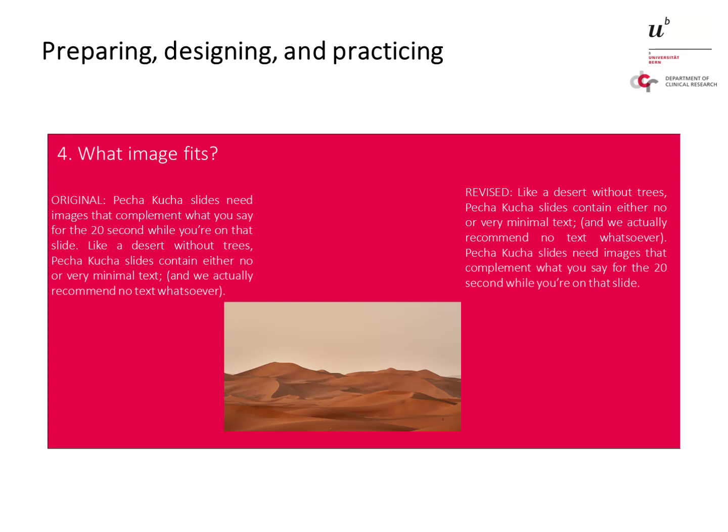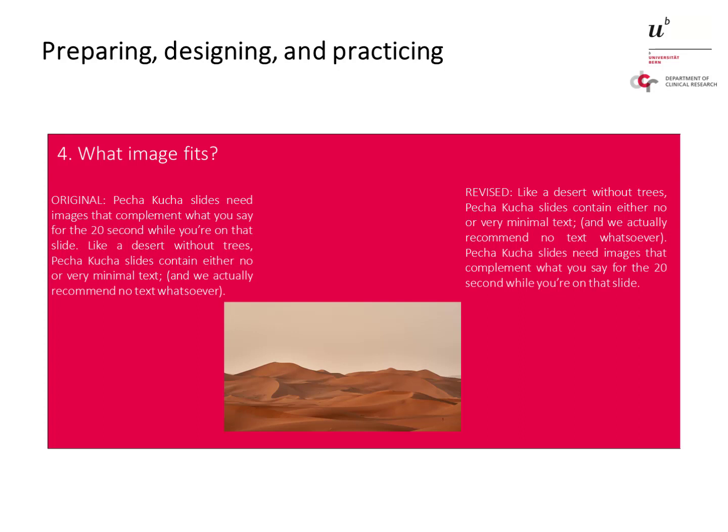So on the left-hand part of the screen, you can see what I originally wrote. And I started with: Pecha Kucha slides need images that complement what you say for the 20 seconds while you're on that slide. And it was paired with the image of the desert. So you decided to move the sentence that came up a bit earlier, like a desert without trees. Yes.